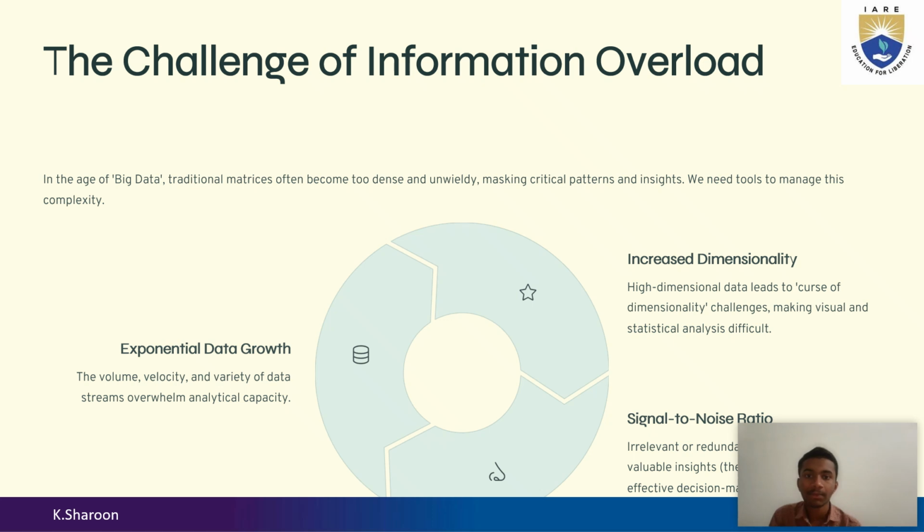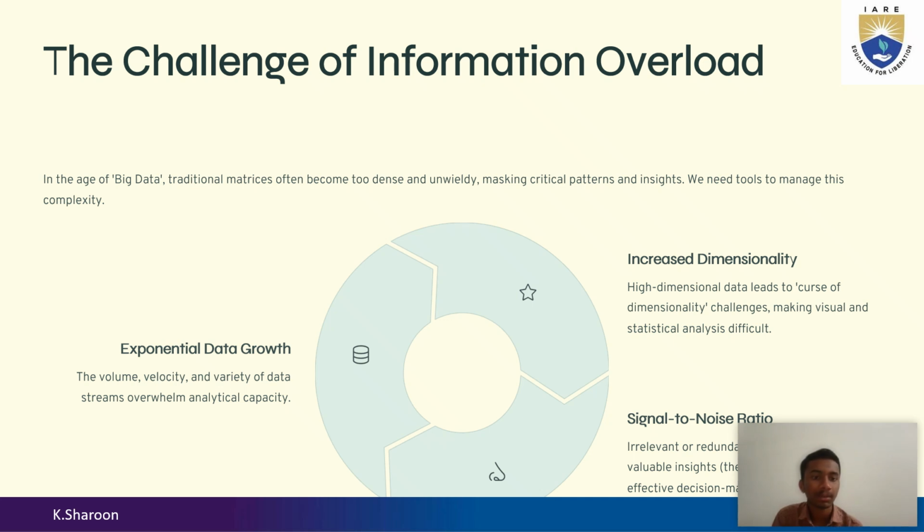The challenge of information overload. In the age of big data, traditional matrices often become too dense and unwieldy, masking critical patterns and insights. We need tools to manage this complexity. And what are the problems we can see here in the picture? Exponential data growth: the volume, velocity, and variety of data streams overwhelm analytical capacity.